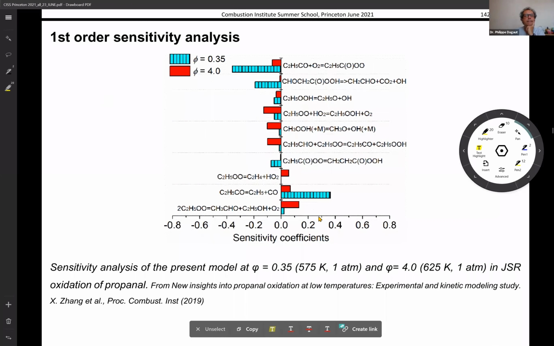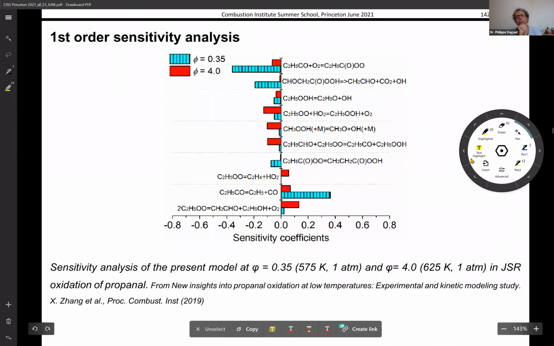And we can clearly see here that under very fuel lean conditions, these two reactions, C2H5CO plus O2 and C2H5CO giving C2H5 plus CO, are the most influential, whereas it's not the case at all under very fuel rich conditions, where these two reactions, or three reactions here, in this one, are much more influential than under fuel lean conditions.